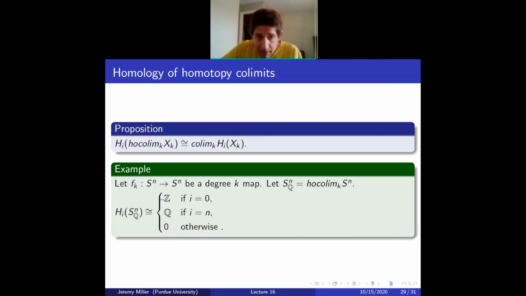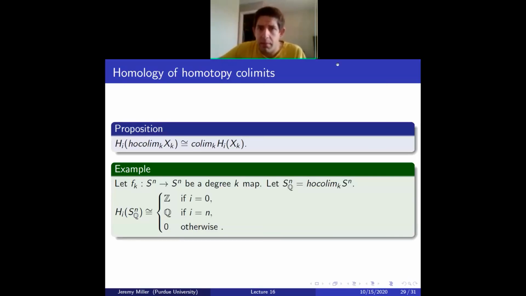Well, in degree 0, it's just Z, because we're taking the colimit under the identity map. If you have a map between connected spaces, that map will induce the identity on H0. But these maps are degree k, so on Hn it'll induce multiplication by k. So the nth homology will be Q, the 0th homology will be Z, and all the other homology groups will be 0.